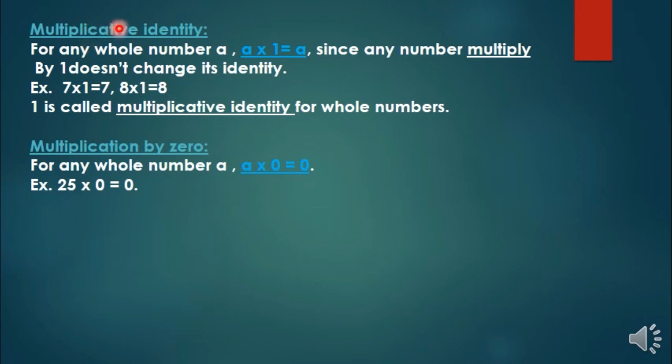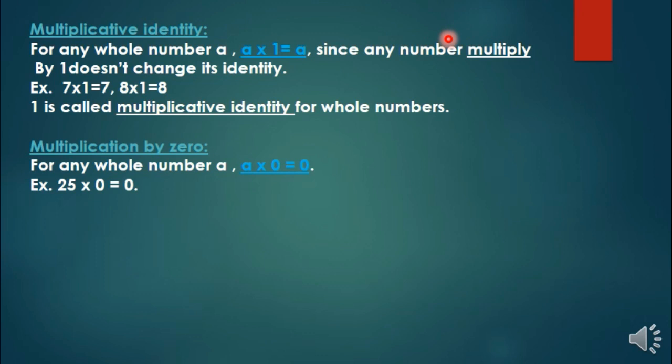See here. Now, in the case of multiplication, for any whole number a, a multiplied by 1 is equal to a. Means if you multiply any whole number with 1, then again you will get the same whole number as the answer.